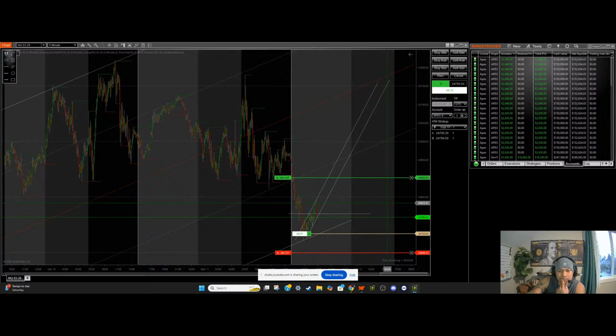Man, that pullback is ugly. It's straight down from 840 to almost 790. It's looking pretty ugly, guys.